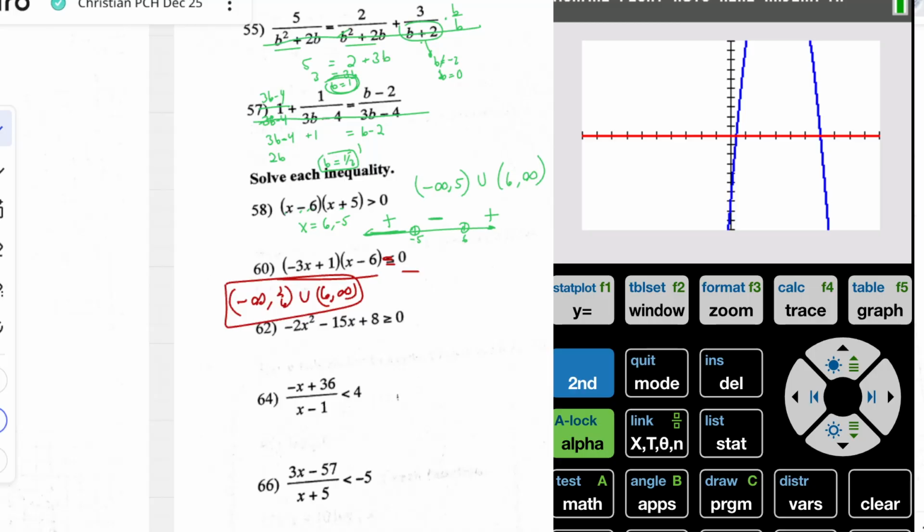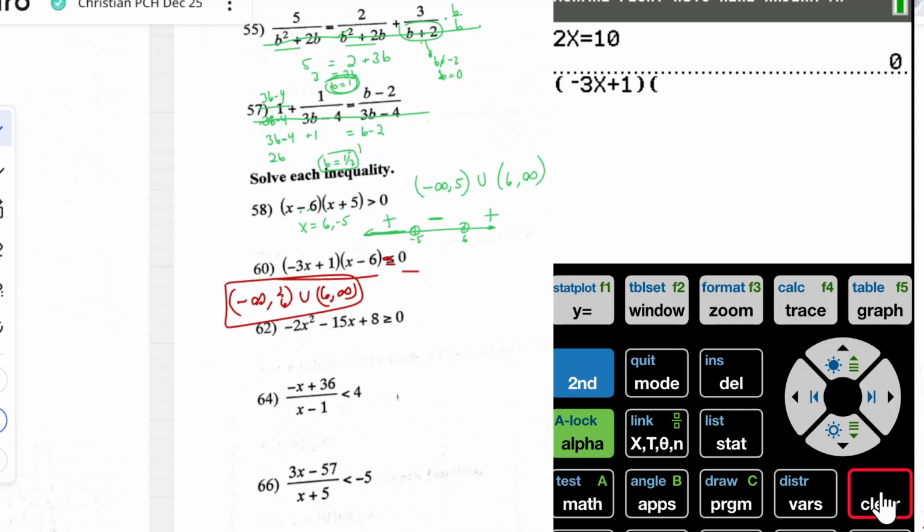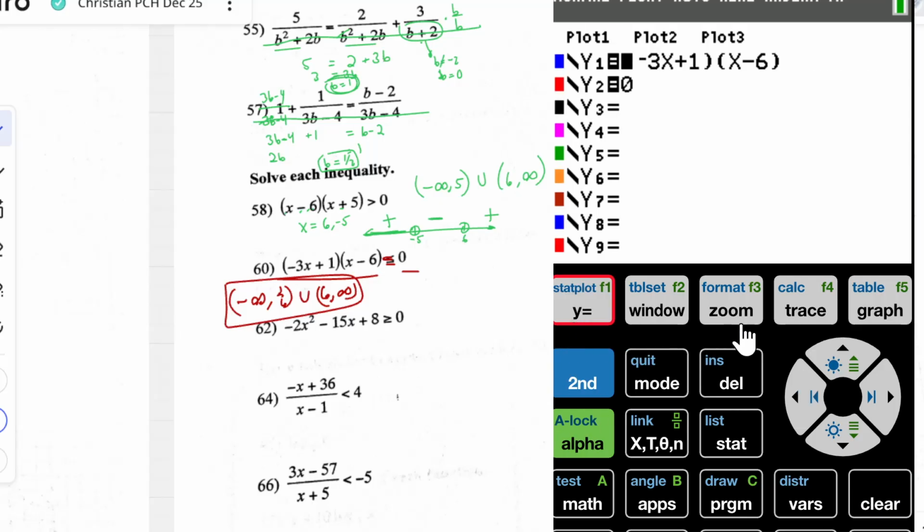All right, let's see if I can do the next one quicker. I'll do a couple more. I'll do 61. It's typing. All right. So left side of the equation. Let's see.